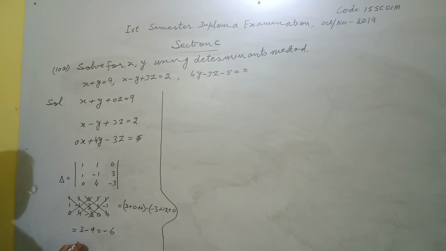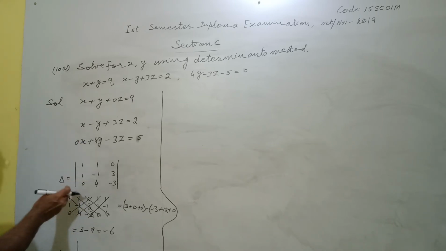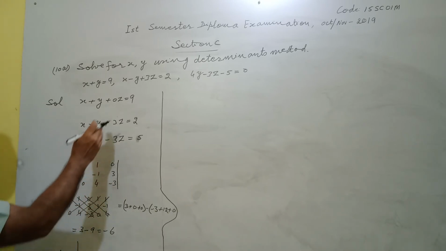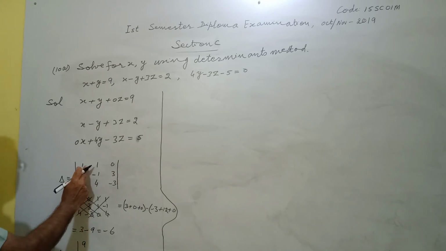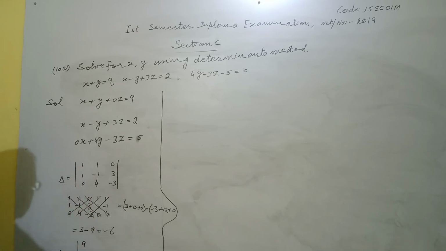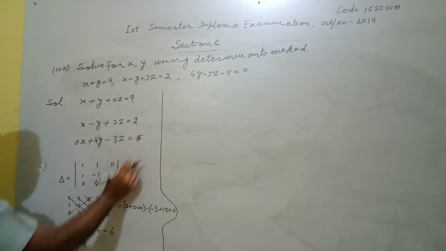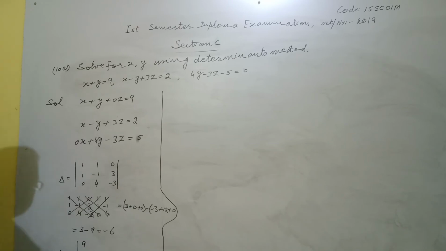Now come for delta x. Delta x means replace the x column by the constant values. That is, x column 9, 2 and 5.